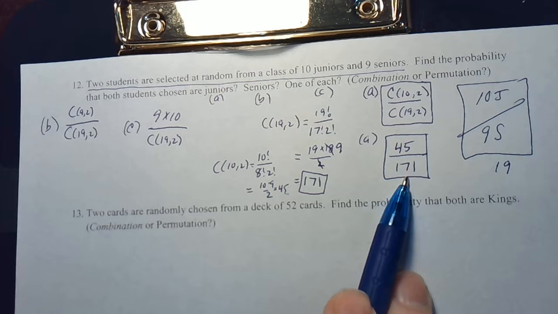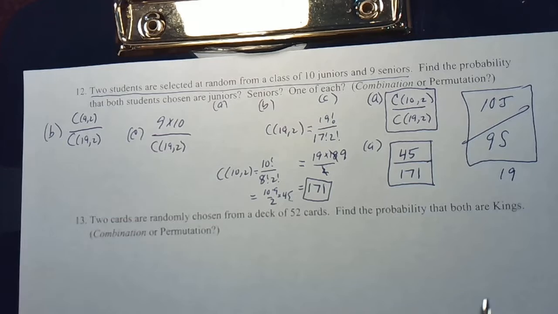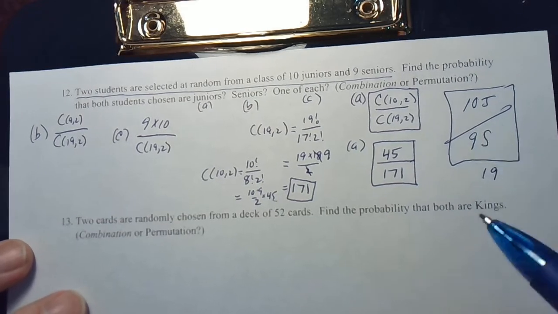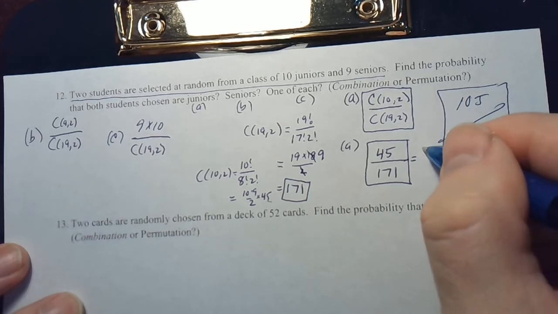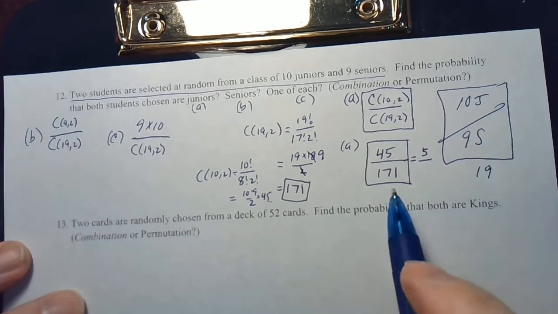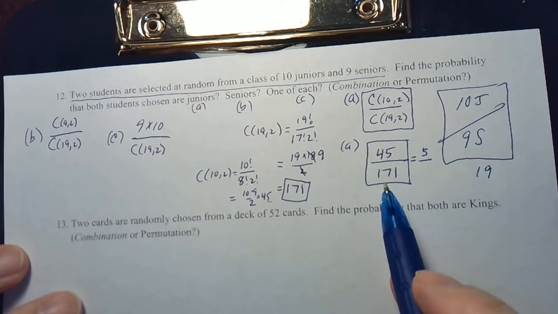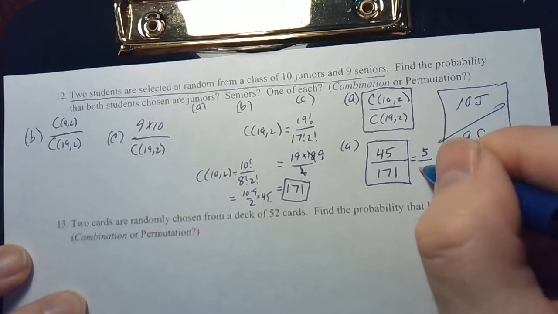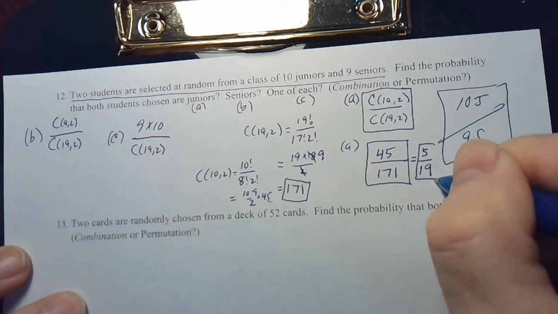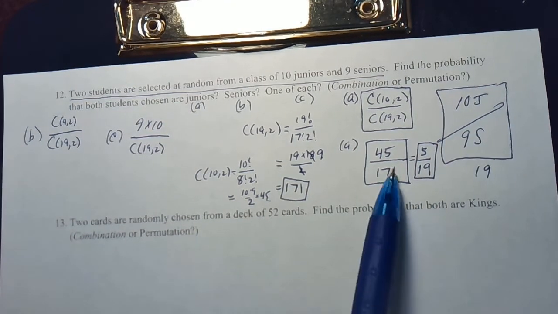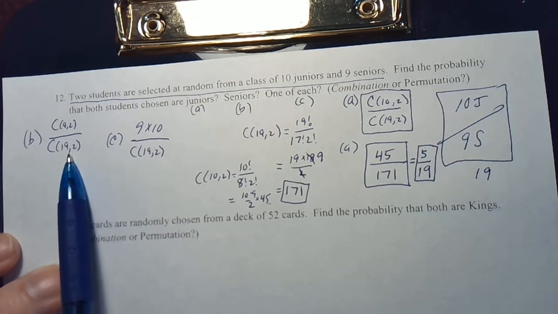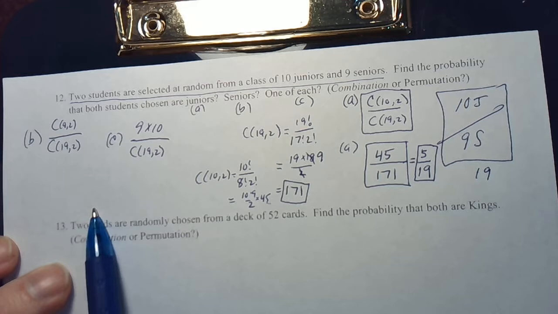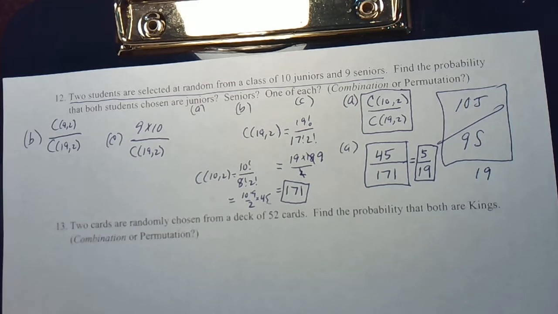Technically, it's not completely simplified because 9 goes into both of these numbers. So to completely simplify it, divide both numbers by 9. 171 divided by 9 is 19. Once again, double check that. And I'll let you do B and C, plug them into the formula, do all the canceling, and write it as a simplified fraction.